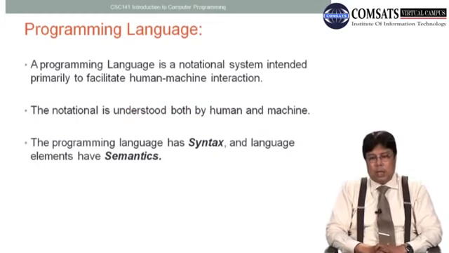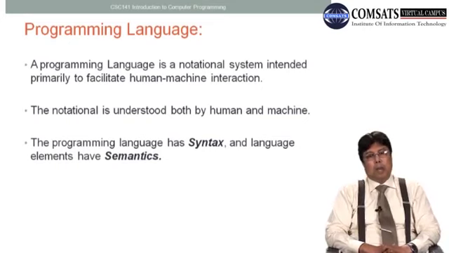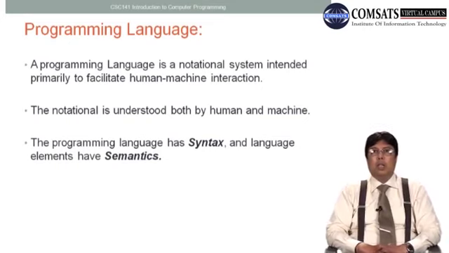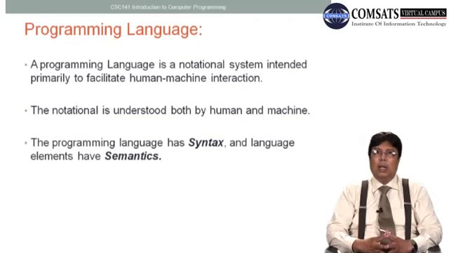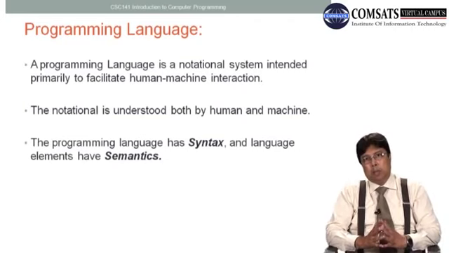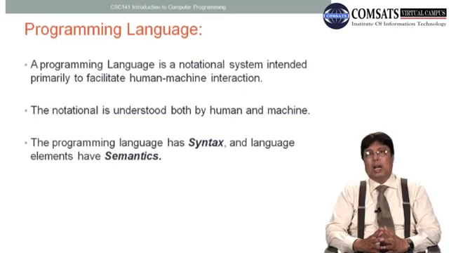A programming language is a notational system intended primarily to facilitate communication between human and machine. A notation which is understood by the human being as well as by the machine. That's why they can communicate.